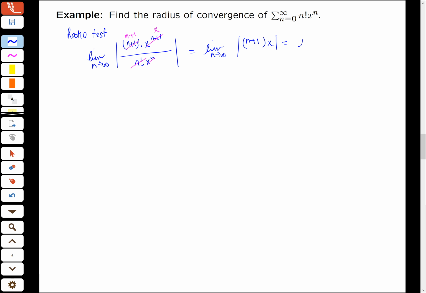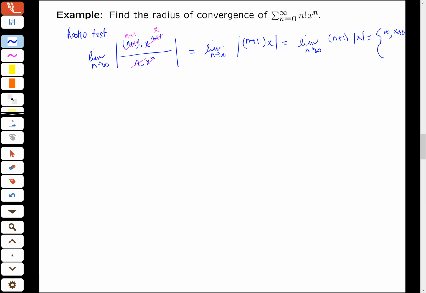So when you're taking that limit, you can take everything except the x outside of the absolute value because n plus 1 is positive. And tell me about this limit as n goes to infinity. It goes to infinity if x is not equal to 0.